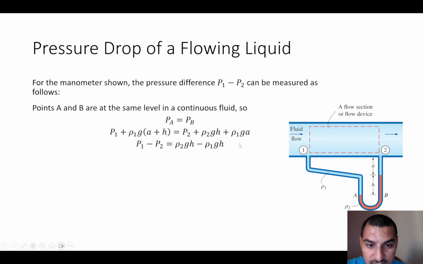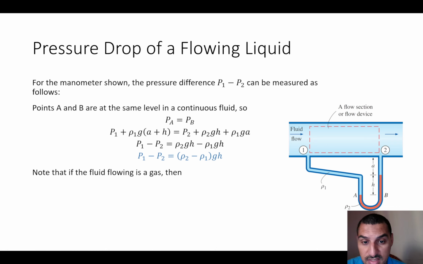This A will cancel this term, and then we can find the value of the pressure difference in this case. And again, if this is a case where the flowing fluid is a gas, then rho 1 is very small, then the equation will go back to the shape that we know, which is rho manometer G H.